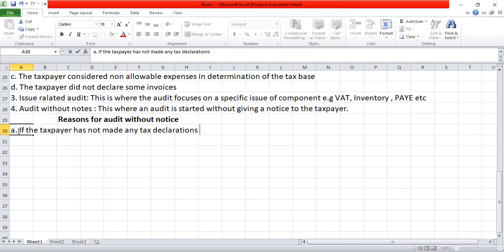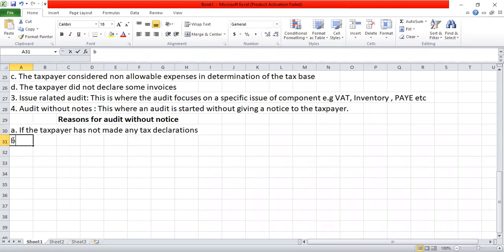The first reason we can look at is that if a taxpayer has not made any tax declaration, then an audit without notice can be conducted.